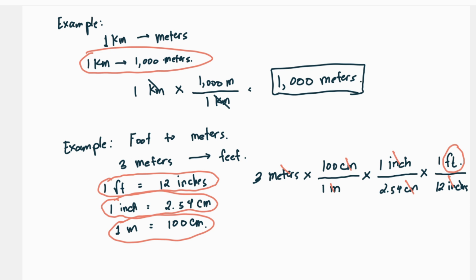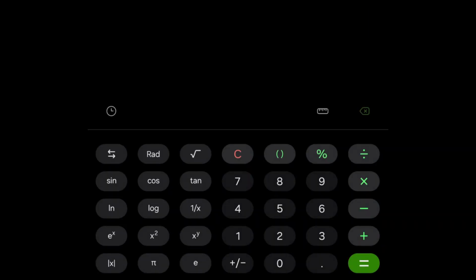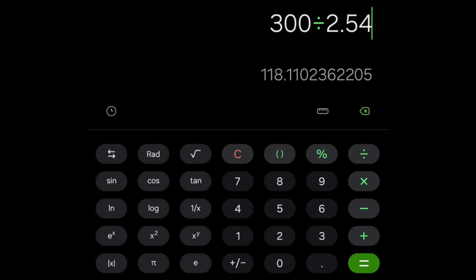So if we are going to do that, allow me to use my calculator here. So that means 3 meters multiplied by 100. Okay, and now your 300, we need to divide it with 2.54. That would give us 118.11 to the many decimal points that you can see right now.